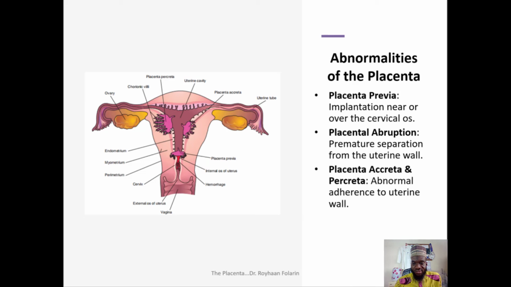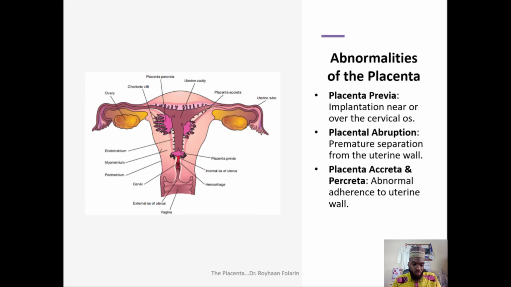This usually results from the blastocyst implanting close to the overlying internal wall of the uterus.